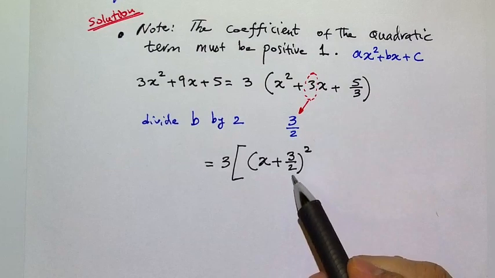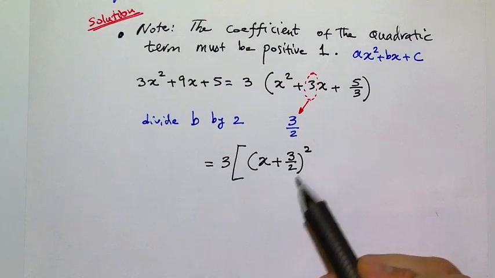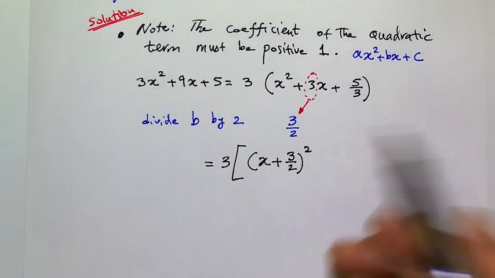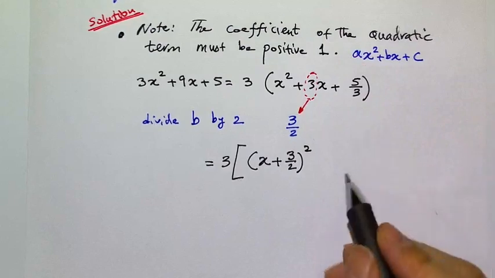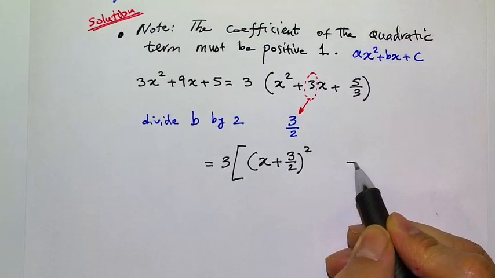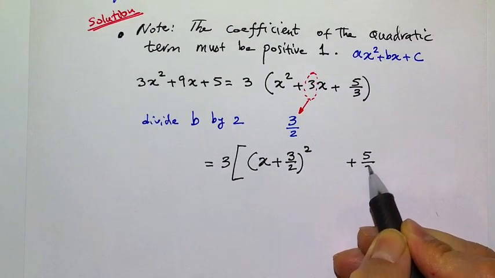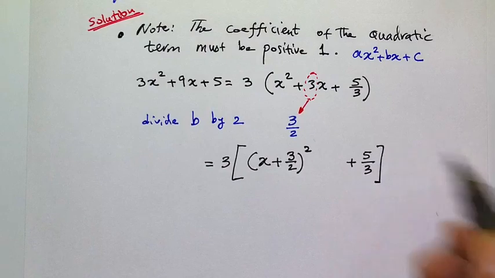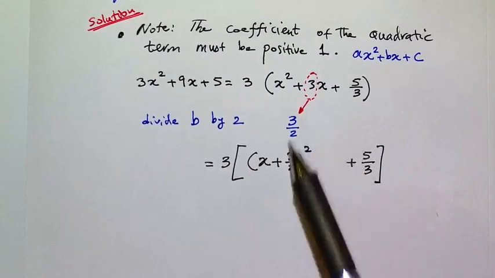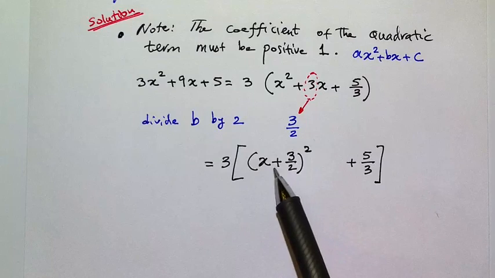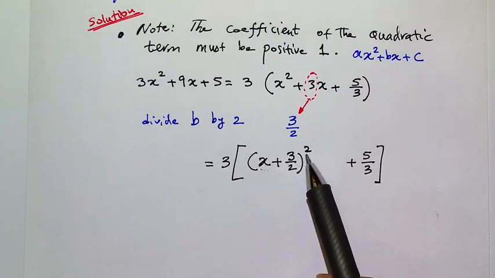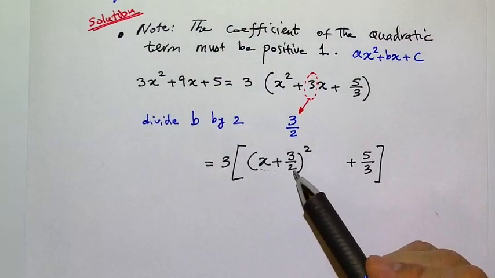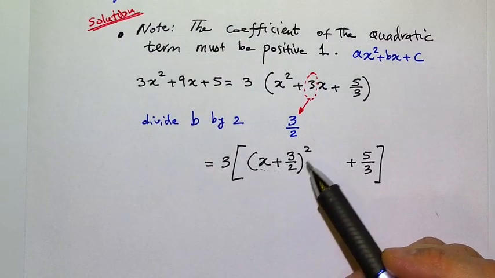As soon as I do this, I have solved one problem and I have created another problem. Let me write it here. Now, once I wrote this expression, I have a perfect square. Now I've completed the square, right? So I solved one problem, but I created another one.